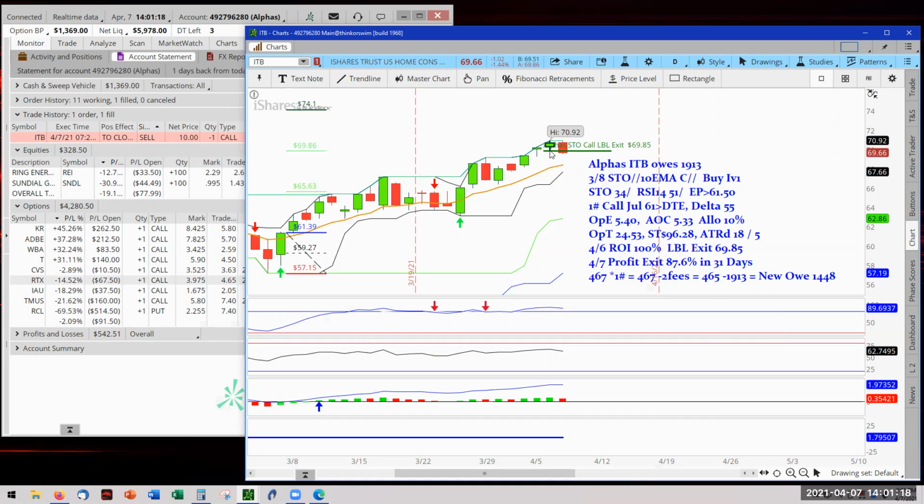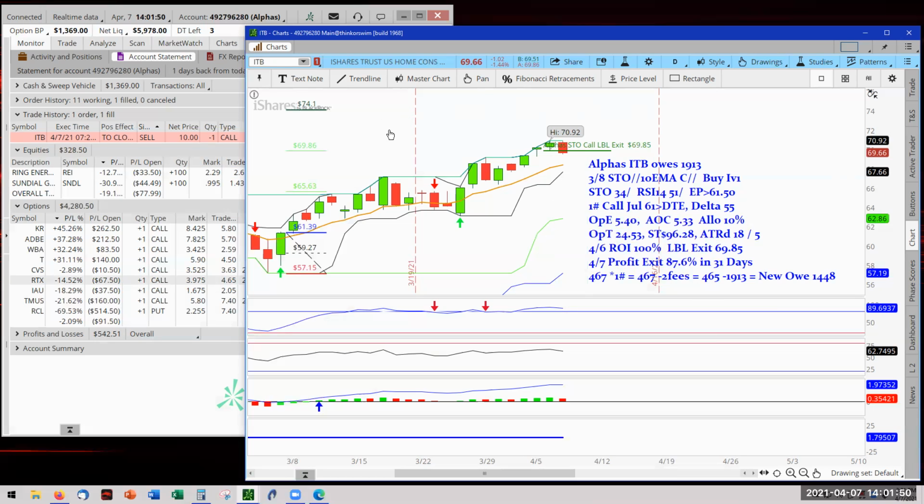We hit 101% close yesterday, and it is still below the third ratio, but that ROI 100 rule now gets triggered into play, and we got stopped out today here at the last bar low, which was yesterday, and that is it. So we picked up $467 for the win, minus $2 in fees, $465 for the trade against an O of 1913, and now we have a new O of 1448. So that's how we're working on this.